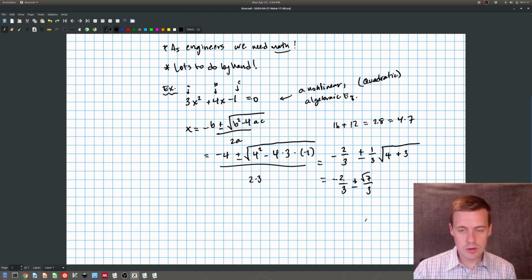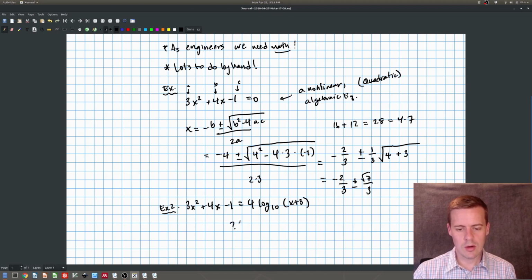But suppose I gave you this problem. Suppose instead of this quadratic formula, I said 3x squared plus 4x minus 1 is equal to 4 log base 10 of x plus 3. Okay, so this would be example number 2. Okay, what do you do now?